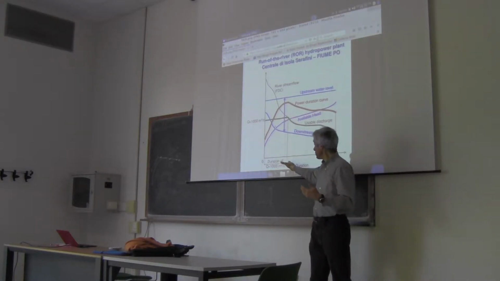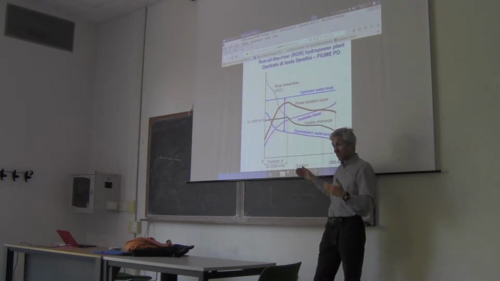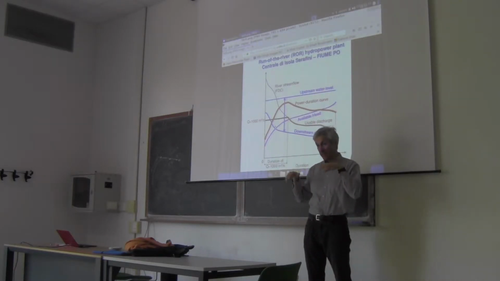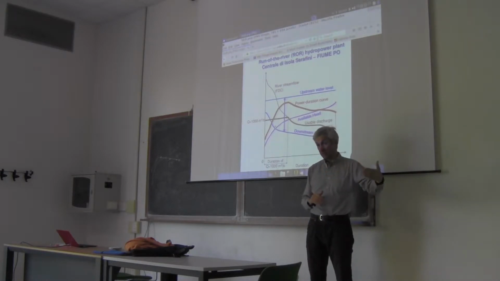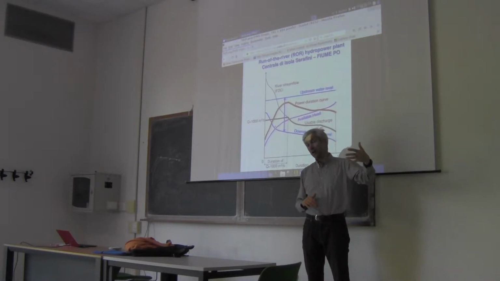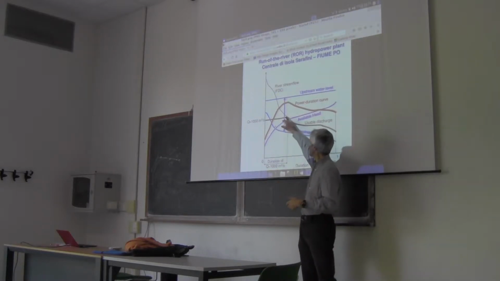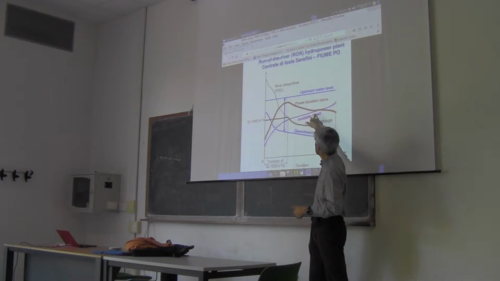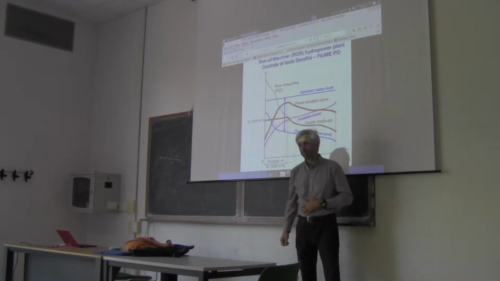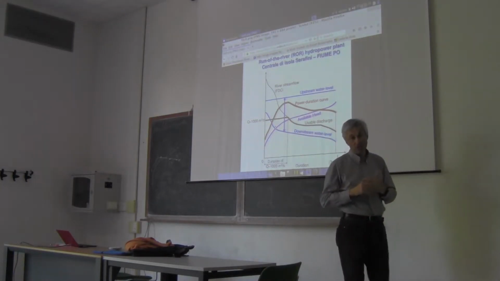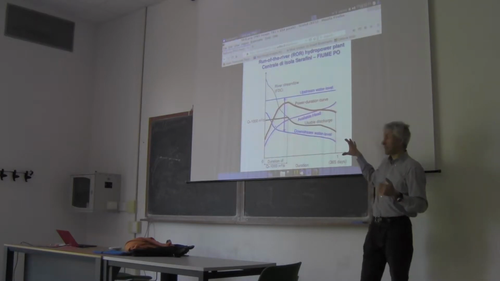If I continue to increase the duration, which means that the flow in the river is decreasing, the head increases, but the plant is no more working at its full capacity. There is a lower flow going into the turbine, and therefore the produced energy decreases.